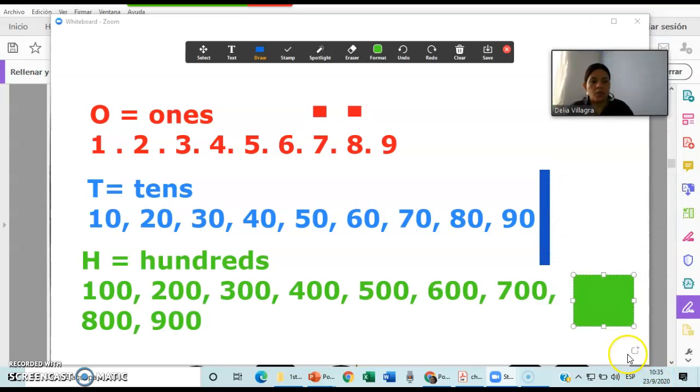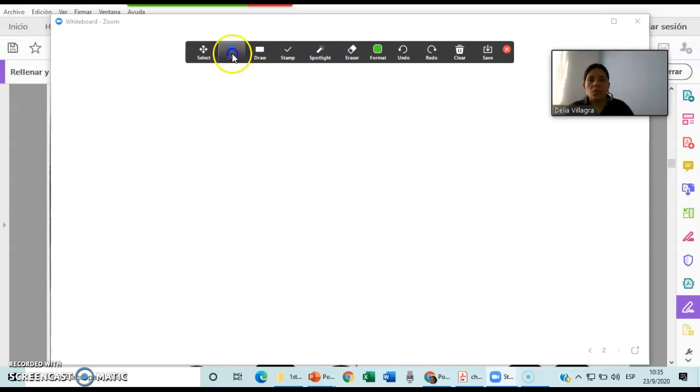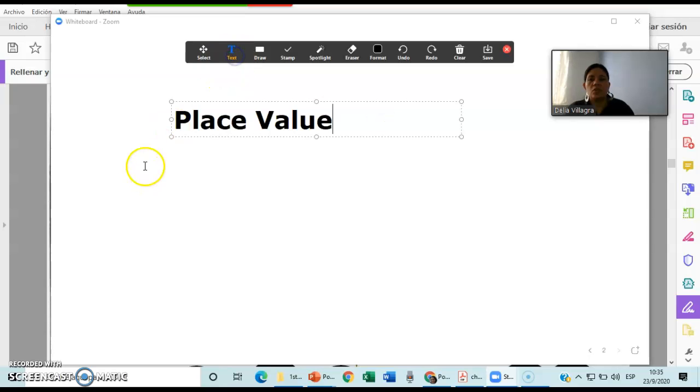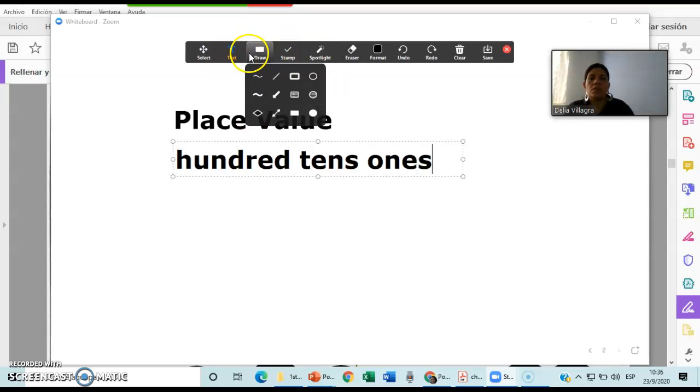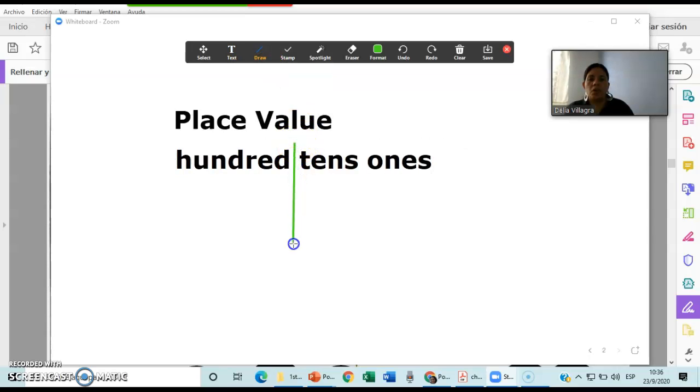So when you have the place value, you're going to use three spaces. First, you have the hundred, then you have the tens, and then you have the ones. So this is a small review. I want you to work with me with this because it's very important to remember this part and it's going to help you with the rest of the exercise.